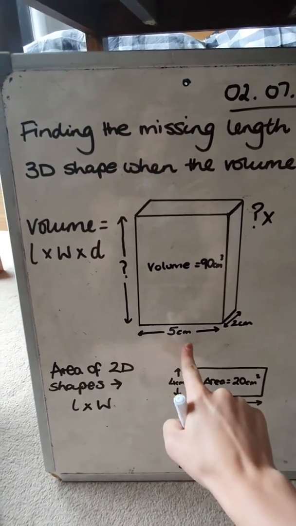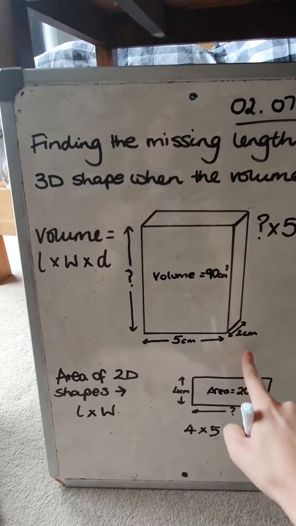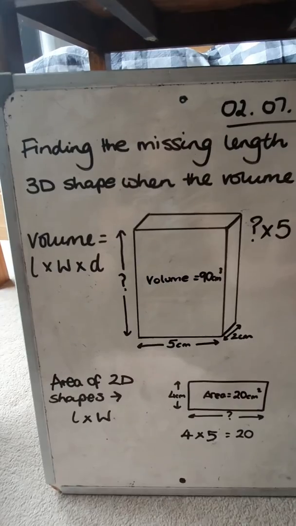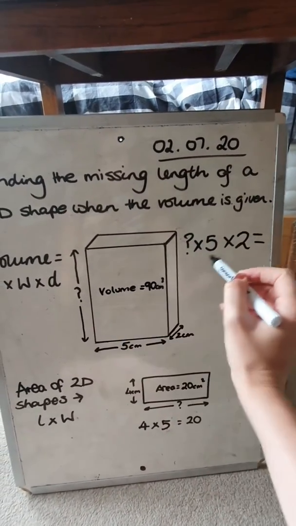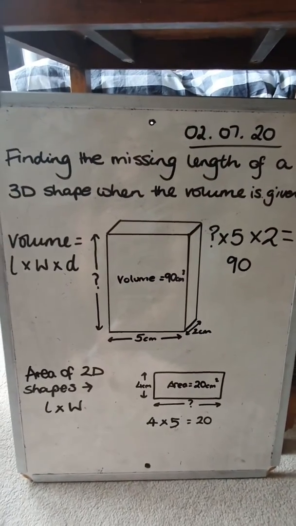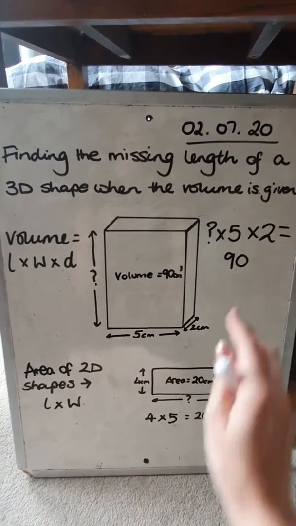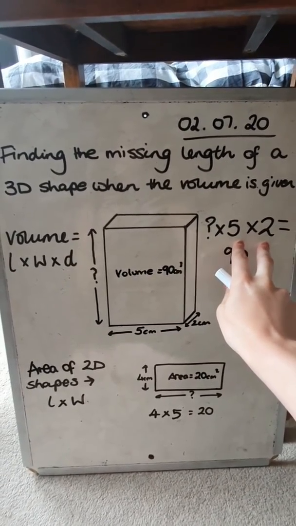Okay, so we know today that we have a question mark multiplied by 5 multiplied by our other dimension, which is 2, and the answer that we get is the volume, which is 90. So what I'm going to ask you to do today is start by multiplying the 2 numbers that you have been given.